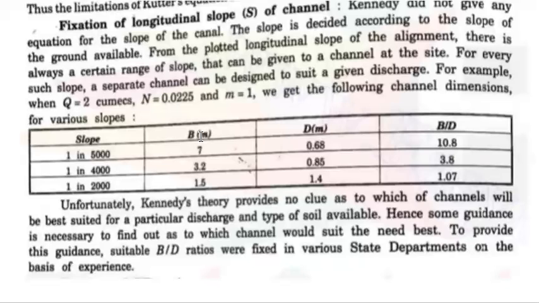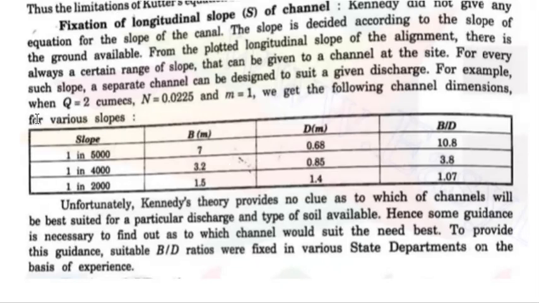So you can always plot it with a certain range of slope, which you get along with the alignment, the longitudinal slope, and with that you can have a note of it.